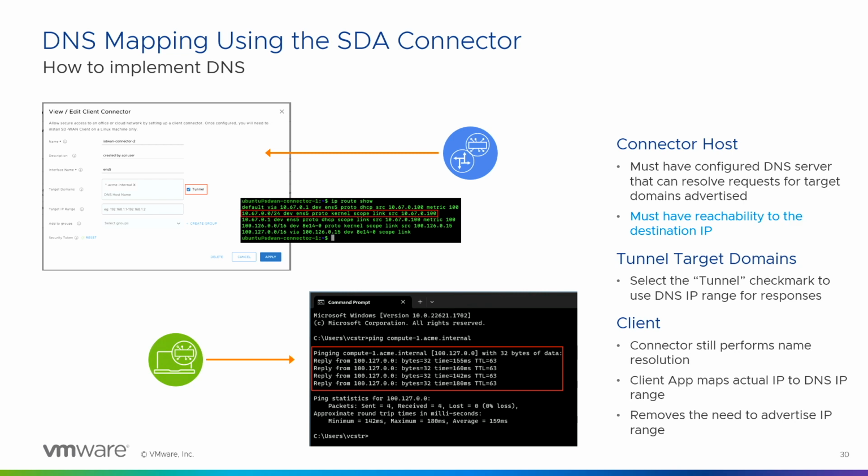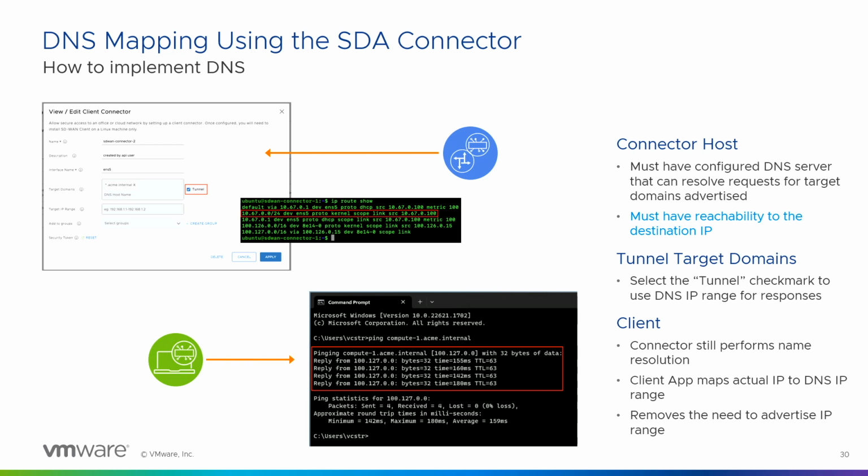So if we were to still continue to use target domains here, there's a checkbox to the right called tunnel. And this adds one more wrinkle to the equation. That host Linux OS needs to be able to route to the destination, which I'm assuming if it can reach your internal DNS server, likely it can also reach that internal resource.